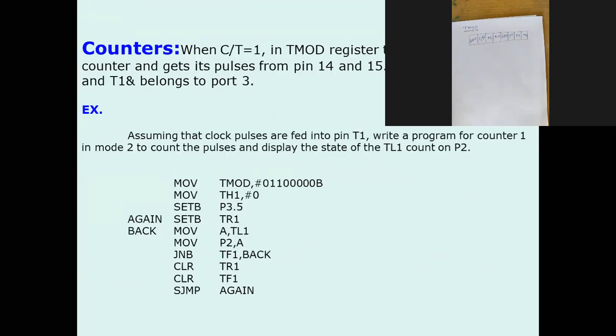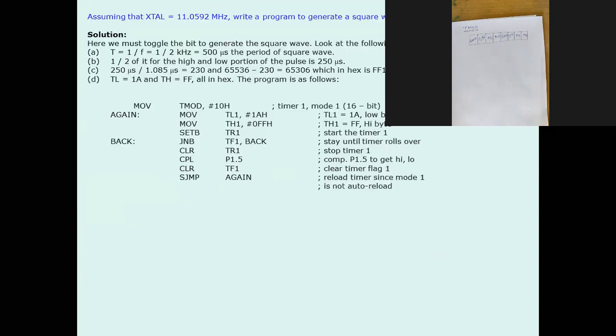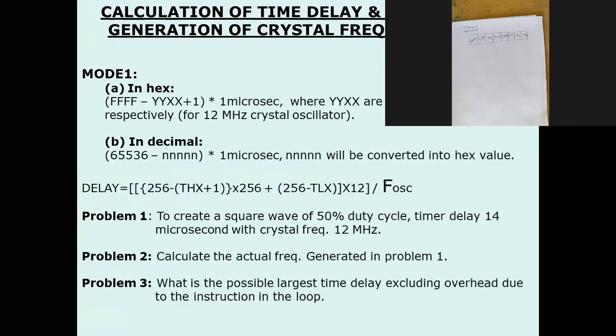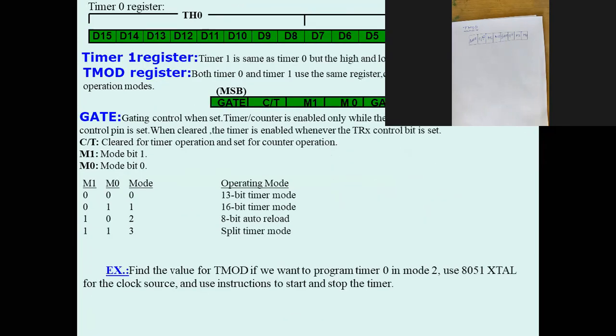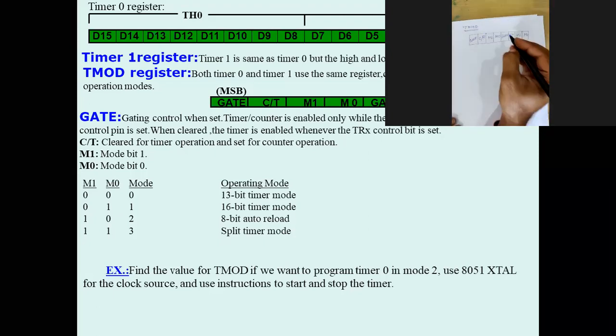Somehow it got changed, just a minute. Sir, bit 5 is written as timer 1 mode 1, T1 M1, and bit 4 is written as T1 M0, and bit 1 is written as T0 M1.